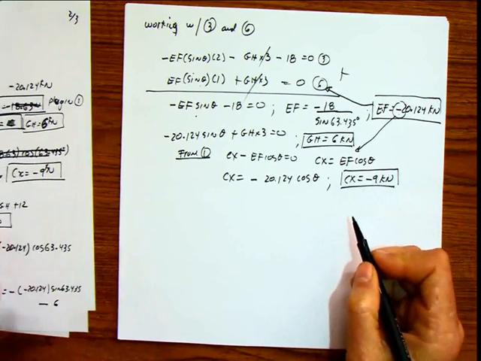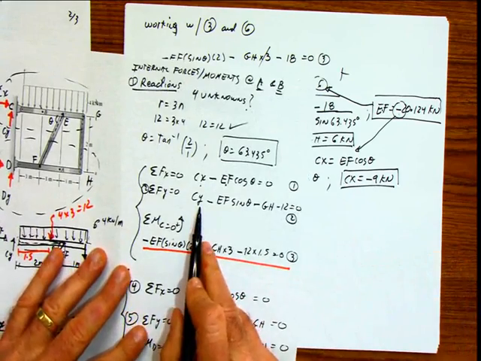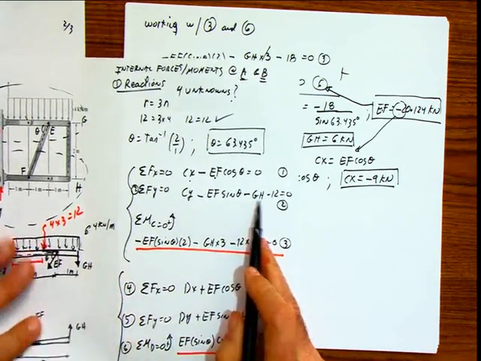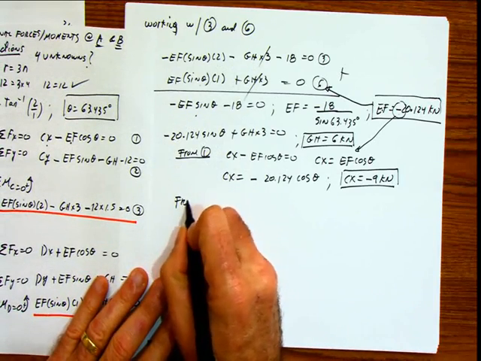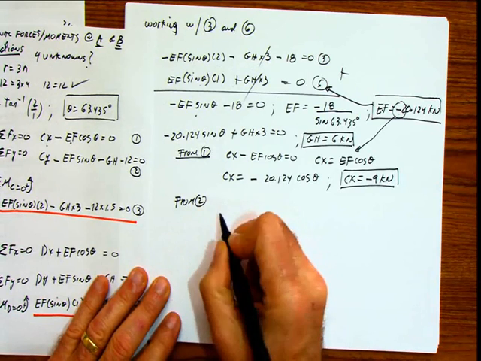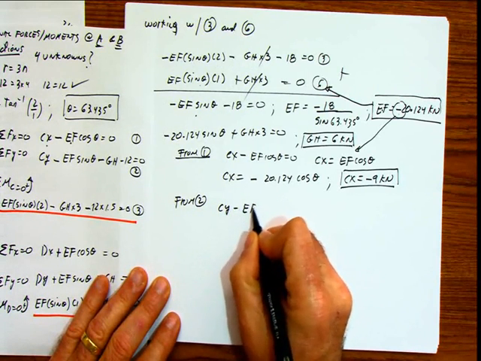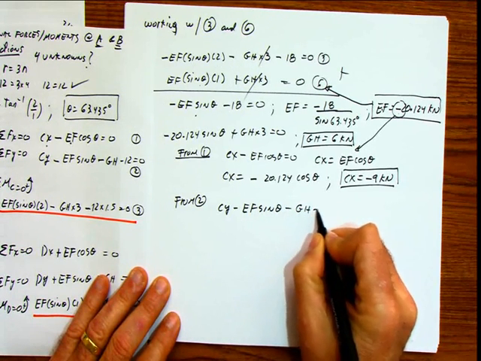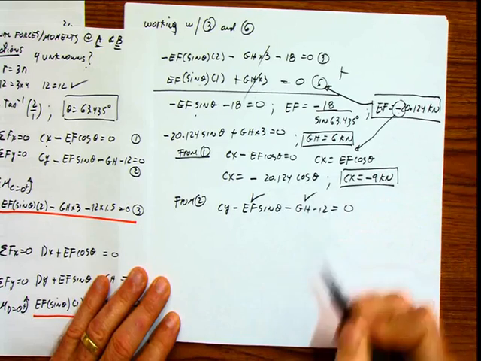Now what do we do? Well, let's go back to our equations. If I go to the second one, Cy, and I know EF, and I know GH also. So, from 2, Cy minus EF sine of the angle minus GH minus 12 equals 0. I know EF, I know GH.